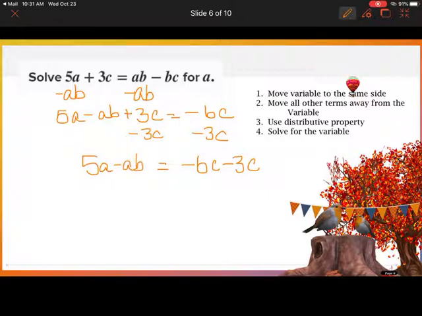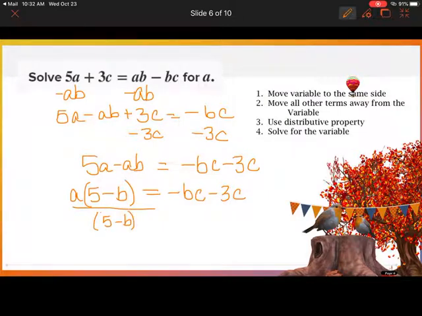Now if I pull an A out of here, put it in front, here I'm left with a 5, and there I'm left with a B. Now I have to divide because this is multiplication. And I'm left with negative BC minus 3C over 5 minus B. And that all equals A.